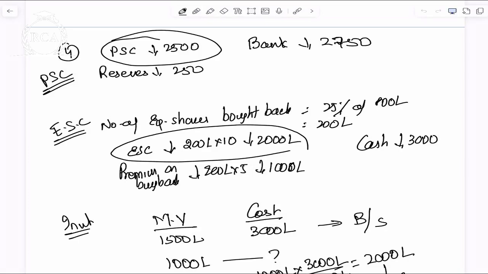First is preference share capital reducing by 2500 lakhs, reserves reducing by 250 lakhs. What is that 250? Premium, 10% premium that we are giving them. Bank balance or cash balance will reduce by 2750 lakhs.